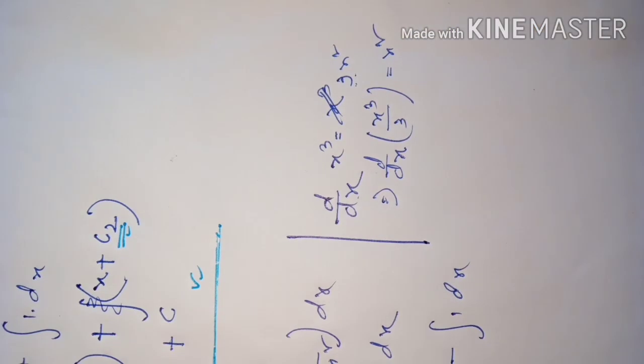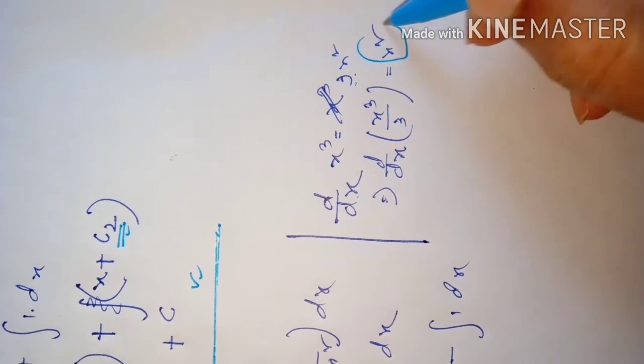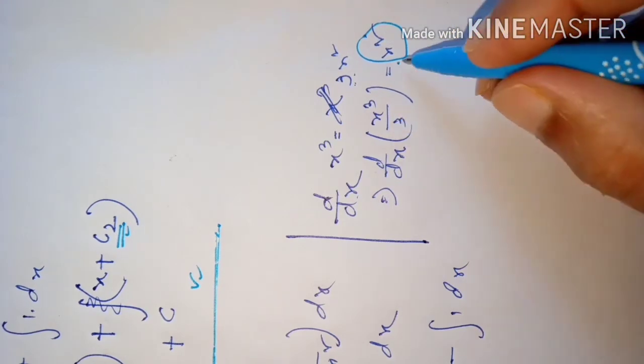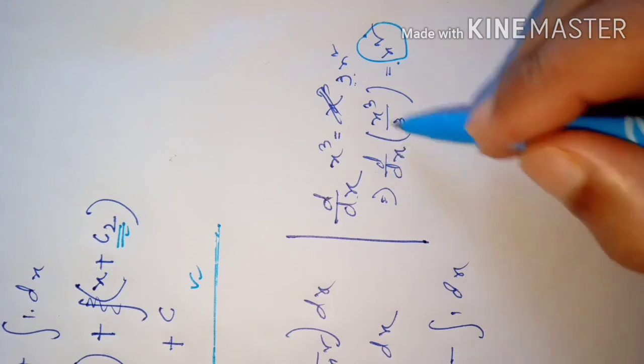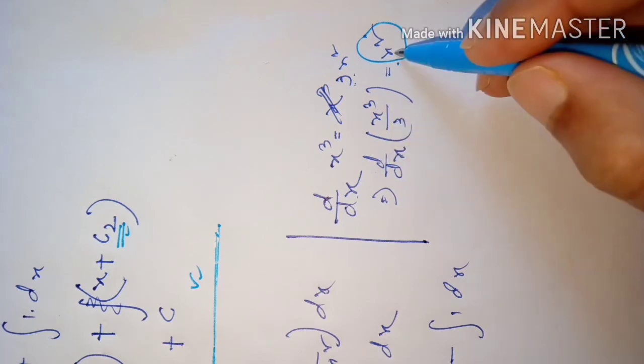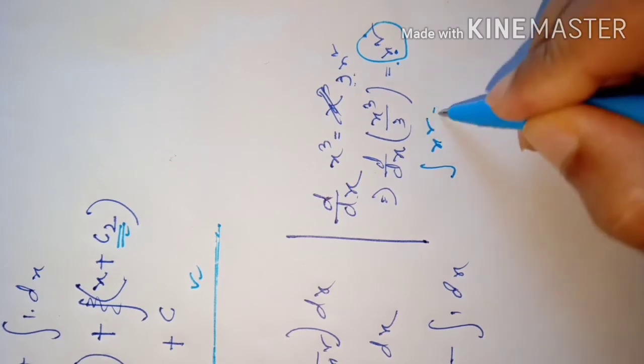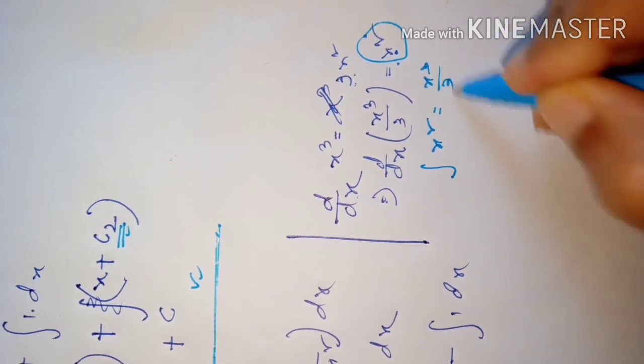So what will be the antiderivative of x square? The antiderivative of x square will be x cube by 3, because if we take the derivative of x cube by 3, we get x square. Clear?